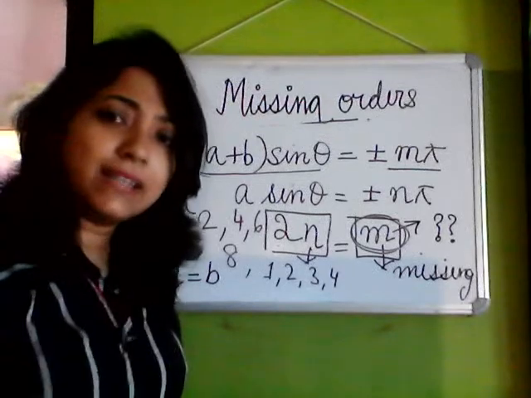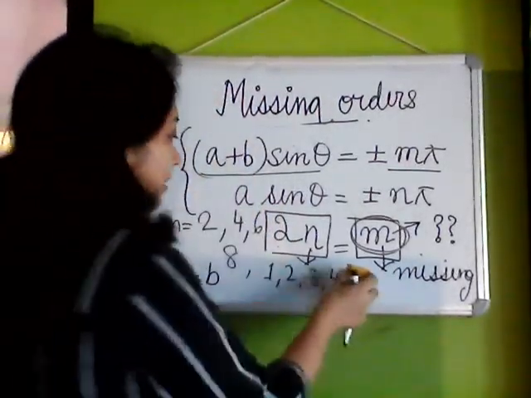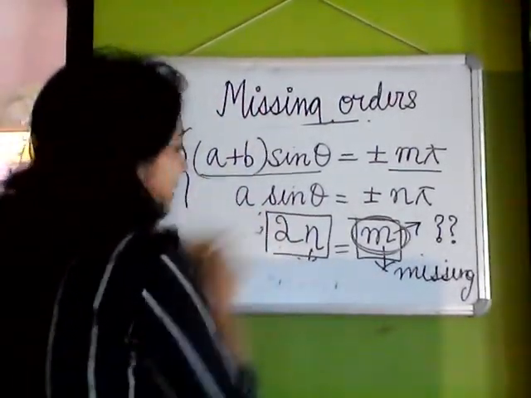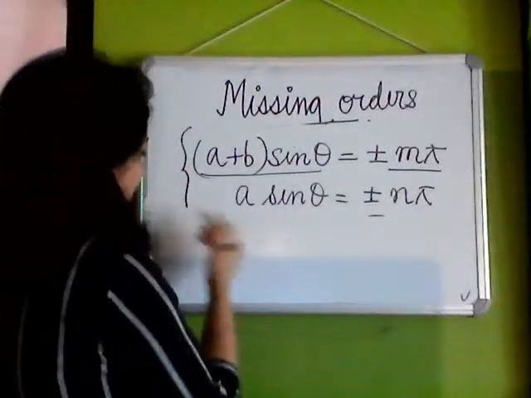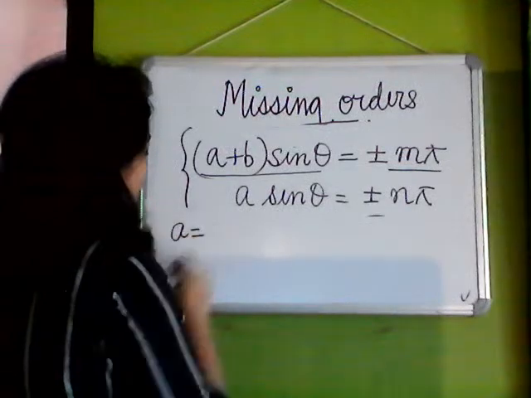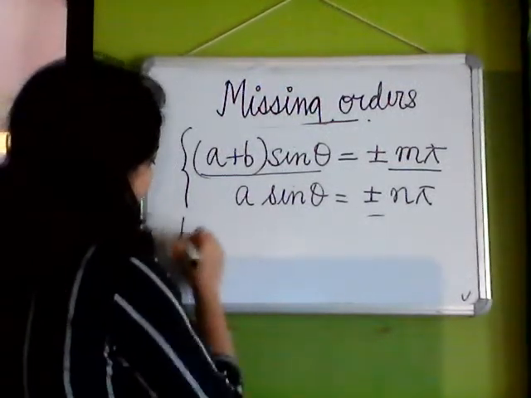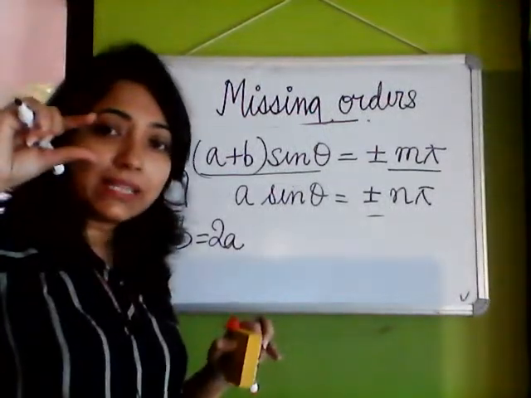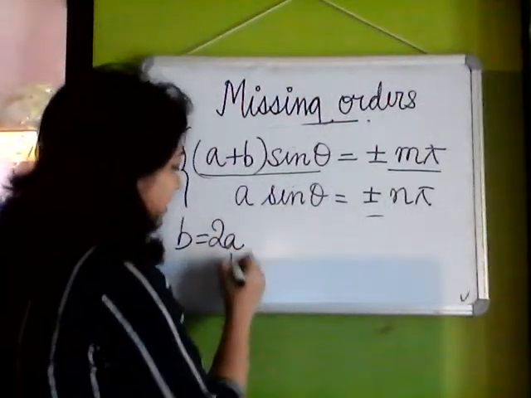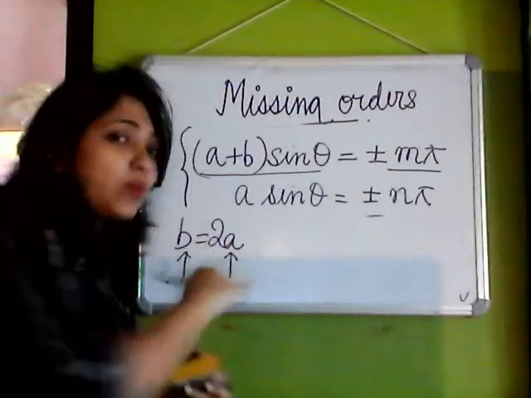On the other hand, we can also get some other missing orders, depending on the construction. What can I do? Say B is equal to 2A, which means if the slit width is A, the distance between them is twice of that.